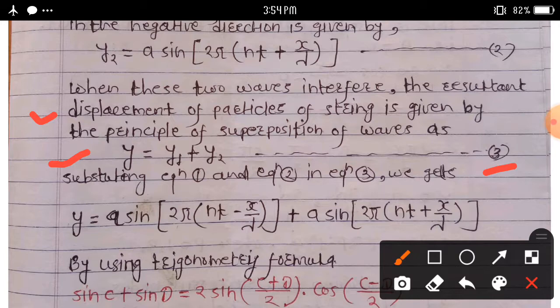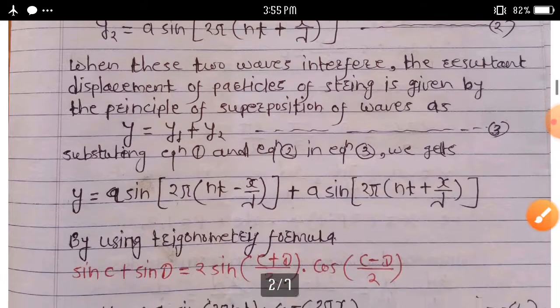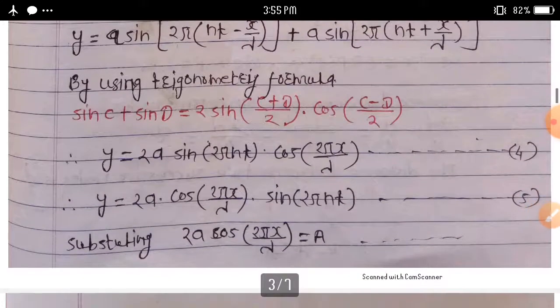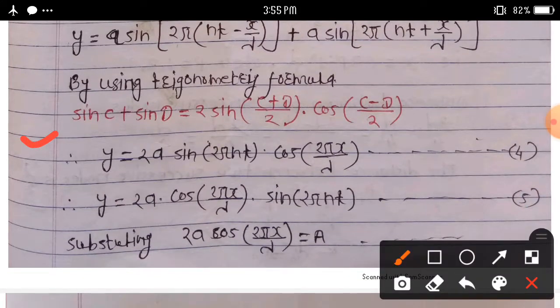Substituting equation first and equation second in equation third, we get y = a sin 2 pi (nt - x/lambda) + a sin 2 pi (nt + x/lambda). Adding these, we know by using the trigonometry formula, sin C + sin D = 2 sin((C+D)/2) cos((C-D)/2).